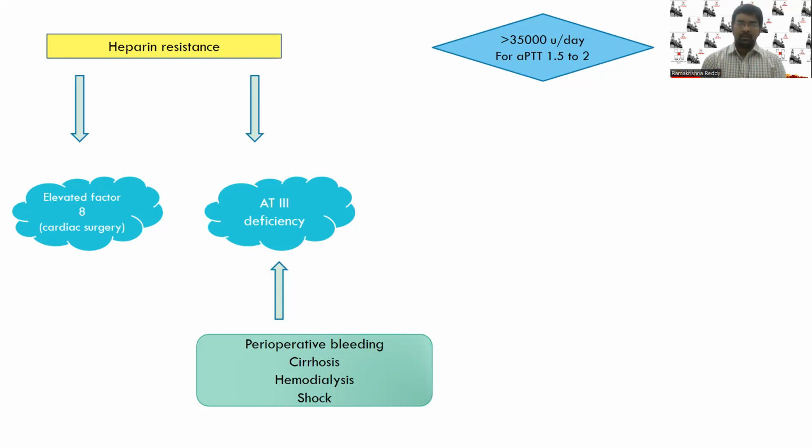The cause can be inherited, which is very rare, but in most cases it is acquired due to perioperative bleeding or cirrhosis. Hemodialysis itself can cause antithrombin 3 deficiency leading to heparin resistance. The second cause for heparin resistance is elevated factor VIII levels, which you see in cardiac surgical patients.